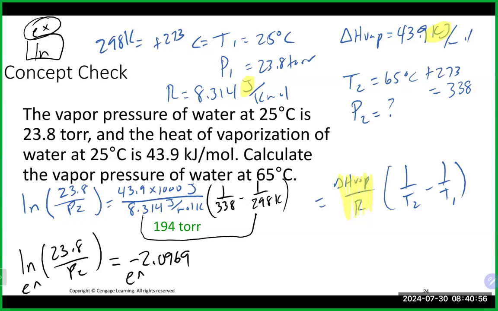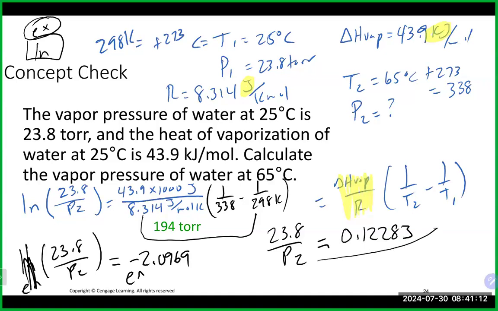And that will get me, when I do that on the left-hand side, the natural log just cancels out. And that gives me 23.8 divided by P2. On the right-hand side, 0.12283 and change. I'm going to multiply P2 to this side and then divide this guy back over to this side.